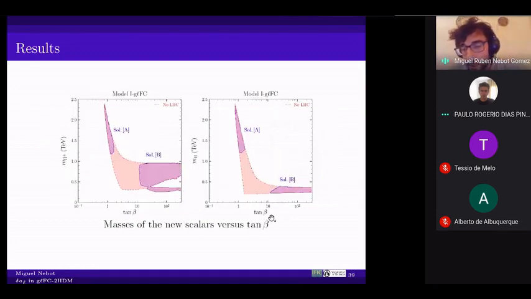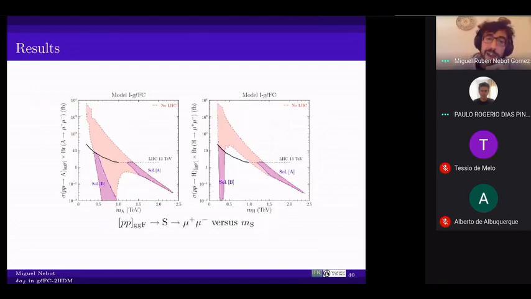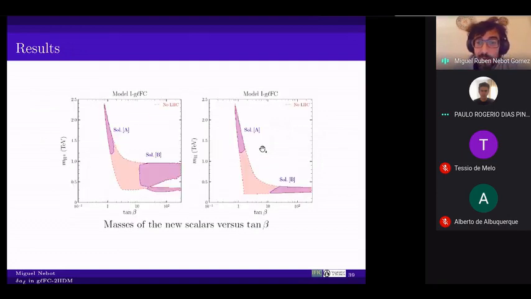Same thing when you want to see what happens in terms of those masses and beta, which is not so shocking. And in order to see the importance of the LHC constraints, you have noticed that I was always plotting a darker region, which corresponds to the final result, and another one in which I had just removed the LHC constraints, and in fact the final allowed solutions are disjoint.